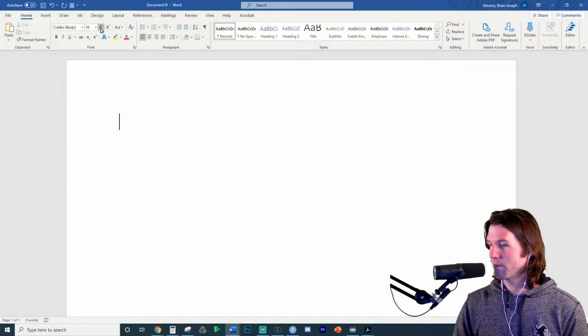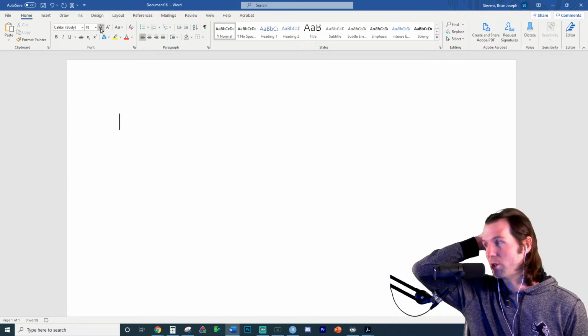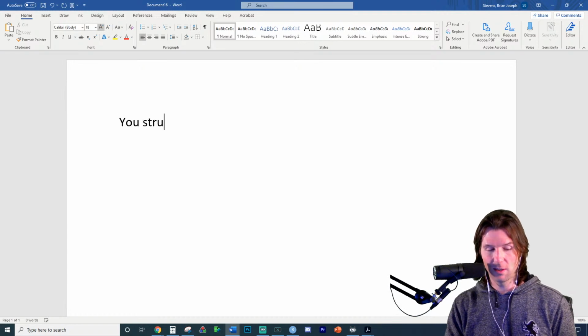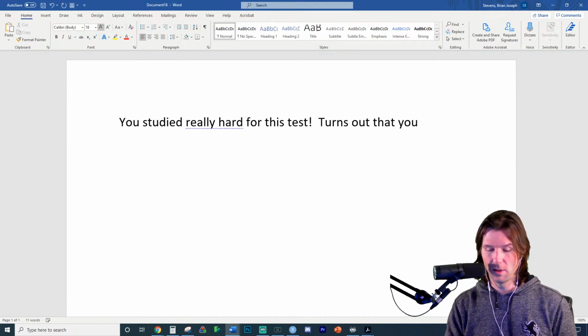So here's one of the hardest problems on the test, or a version of one that could be the hardest. Let's say you studied really hard for this test. Turns out that you have a probability of getting any question right.